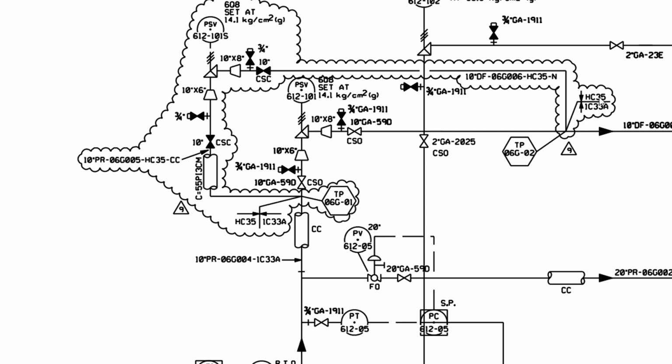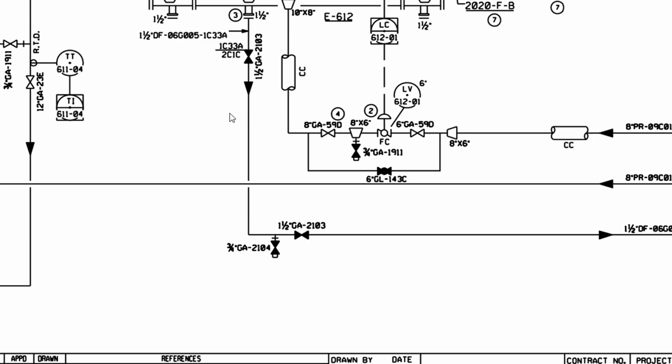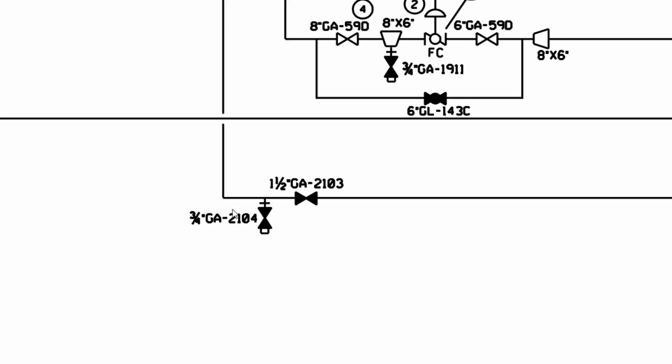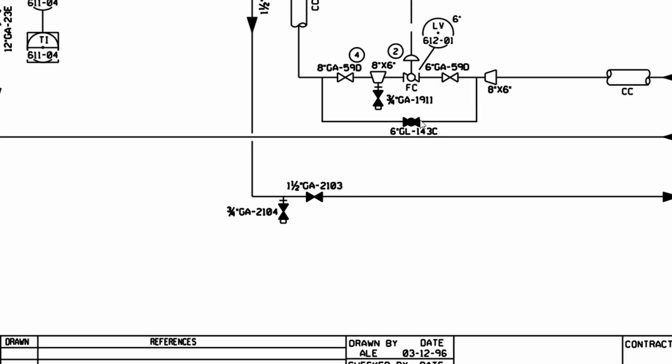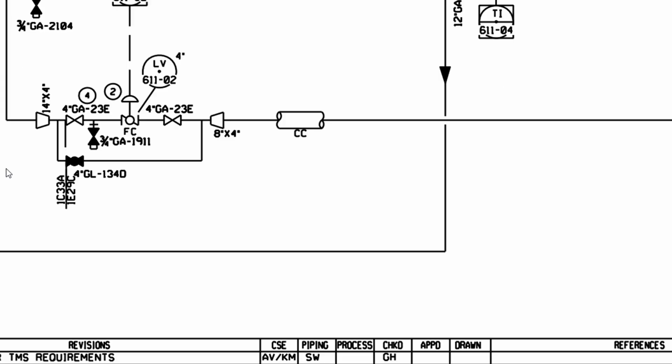So the P&ID will help you with the exact detail of the scope. It will show you the tie-in points, it will show you the cut points from where to where exactly the line has been replaced, and what the new lines are and which equipment is installed. Those details are shown in the clouds. So the P&ID is one of the very critical documents that you need to have in order to start your activity.